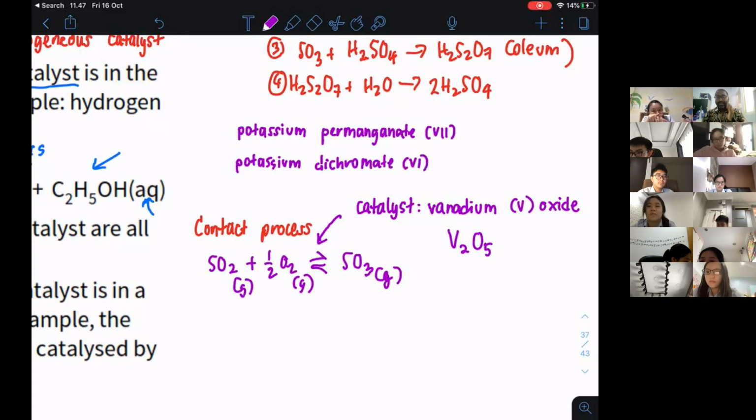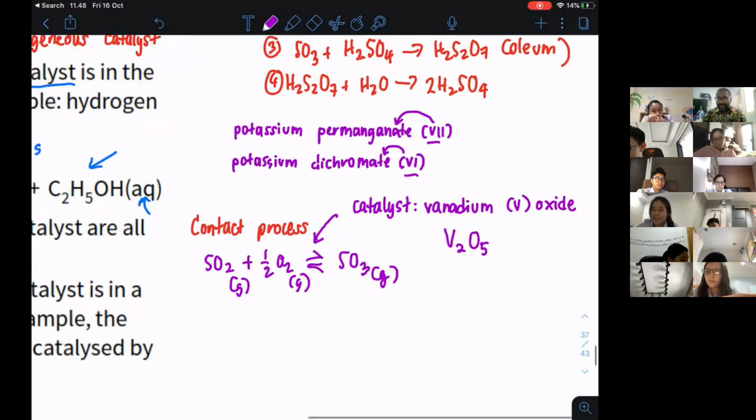Whenever you see this number, it is the oxidation number. This oxidation number refers to Mn. The oxidation number is +7. This refers to Cr. The oxidation number is 6.